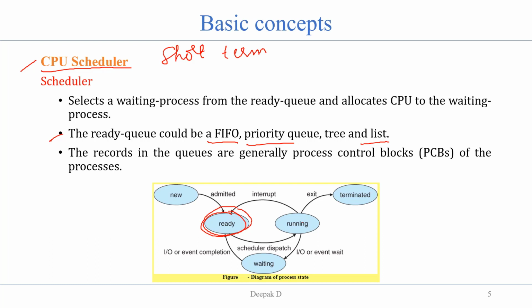So all the processes in the ready queue are lined up, waiting for their chance to run on the CPU, and the records in the queue are generally the process control blocks of the processes. So this is with respect to the CPU scheduler.